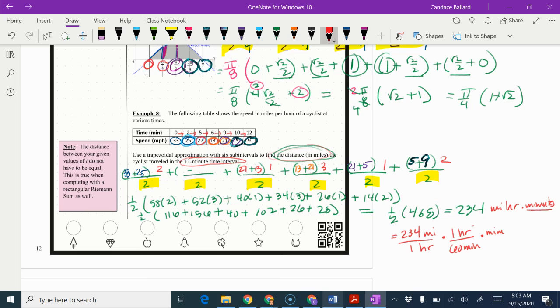So we know the hours cancel, the minutes cancel. So I'm basically taking 234 and dividing by 60, which would get me 3.9 miles total. Okay, I think that's it.